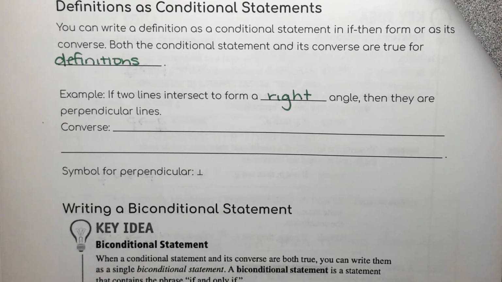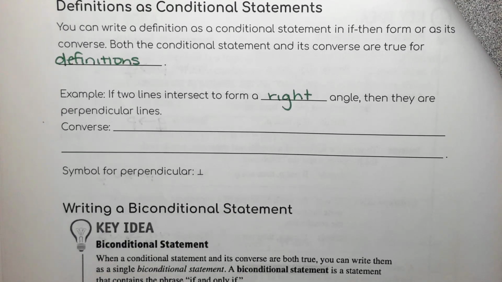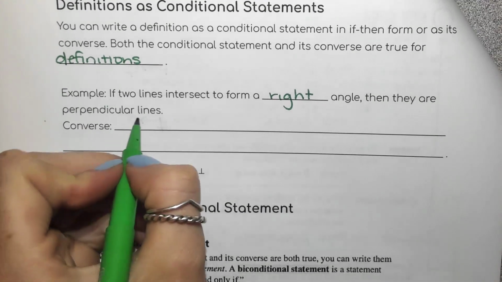What's the converse of that? You might want to go back and remember what a converse is. Isn't it if P then Q? If they are perpendicular lines. Okay, so we switch P and Q for a converse. So let's write it and then we'll see if it's true.